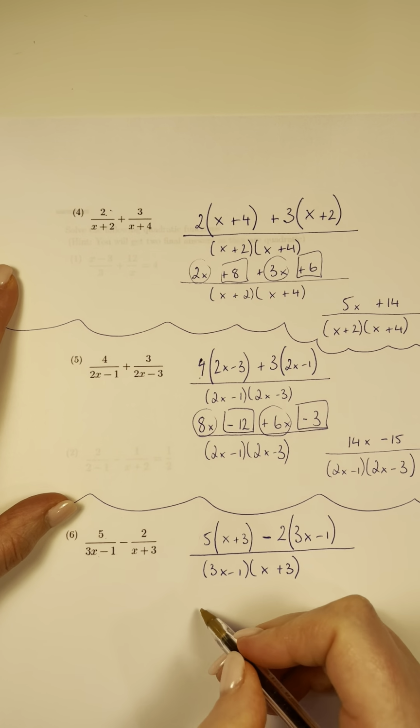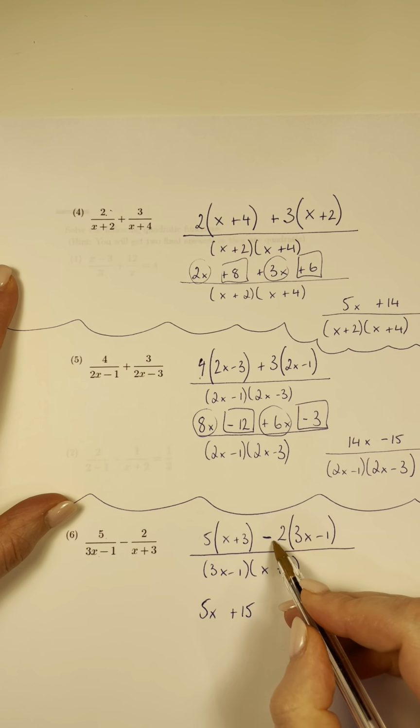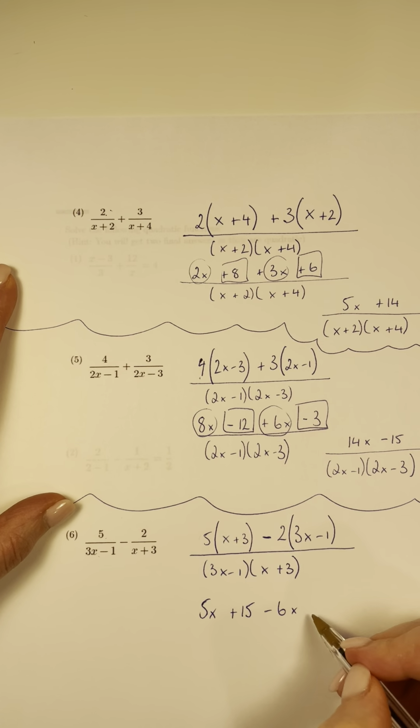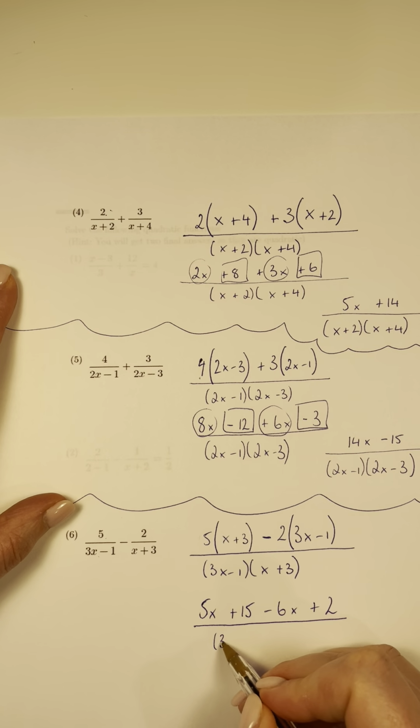So 5 times x is 5x, 5 times 3 is 15, minus 2 by 3x is minus 6x, and minus 2 times minus 1 is plus 2. All over everything across the bottom.